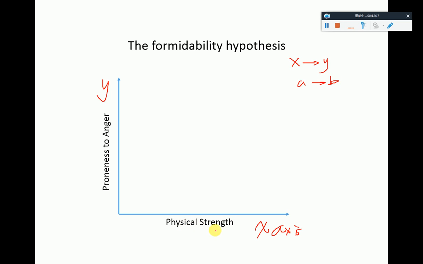If someone is stronger, we designate that this end of this axis denotes that someone is weak, and this end is strong.